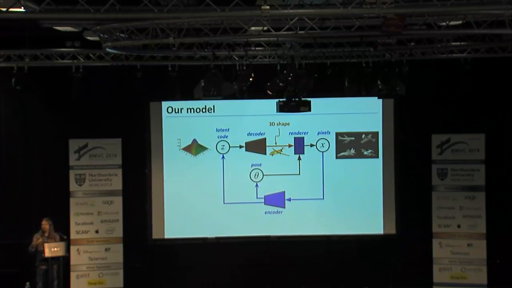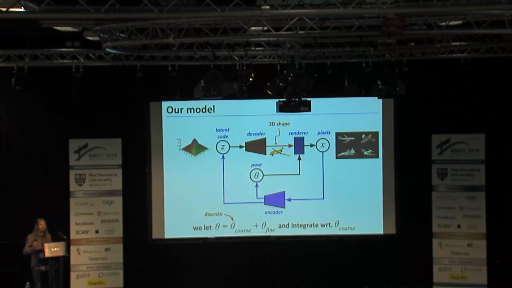So that's sampled separately from the shape and is passed into the renderer to define how the shape is rendered in image space. And again, we add another output to the encoder network so that it predicts theta as well as Z. So as well as doing single image reconstruction via the encoder and decoder, we now also perform pose estimation when the encoder predicts theta, and both of those tasks without any explicit supervision. They're learned just from 2D images.